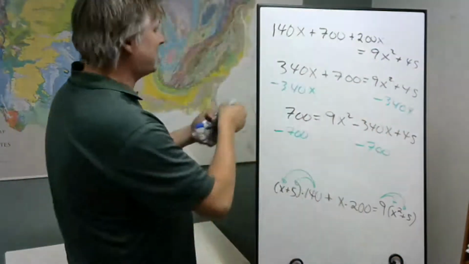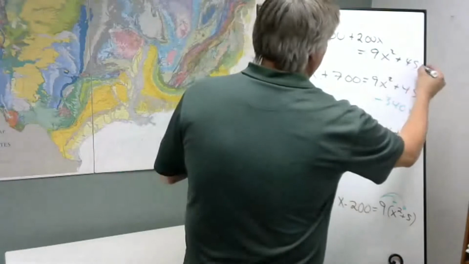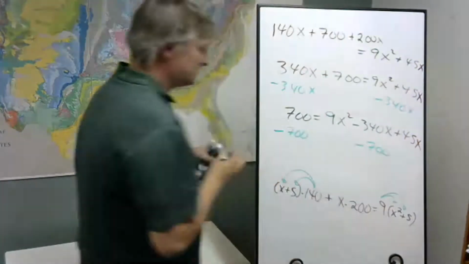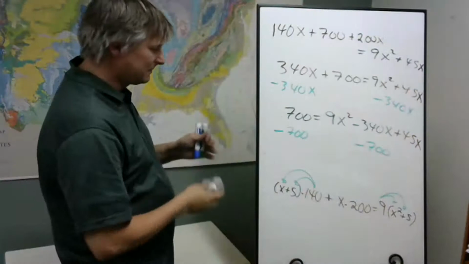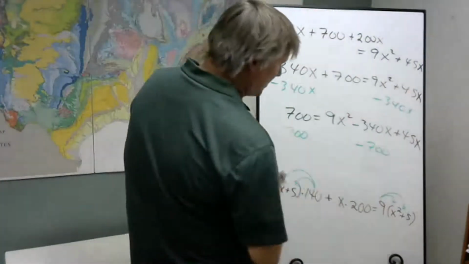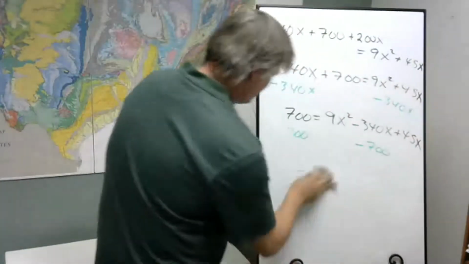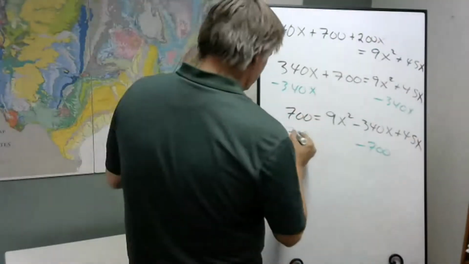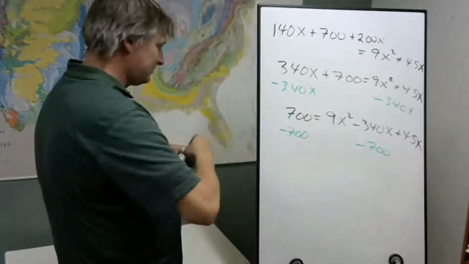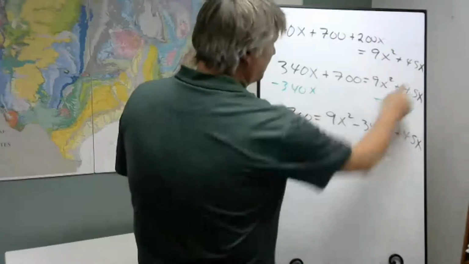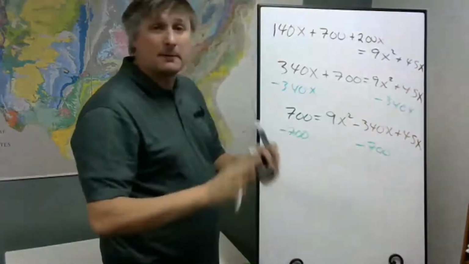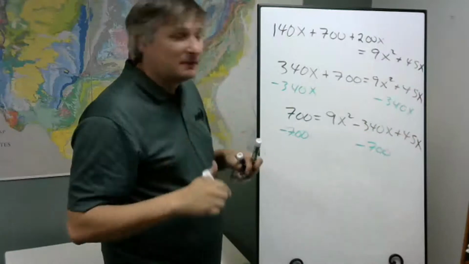Oh, I'm sorry, this has an x. I forgot the x here. It's 45x. So let me take a look at this. We'll still subtract the 700. So don't forget, there's actually an x on this 45. Sorry about that, I missed it.